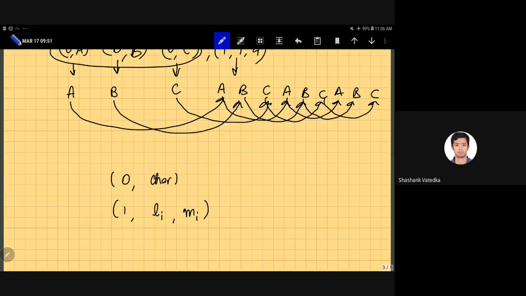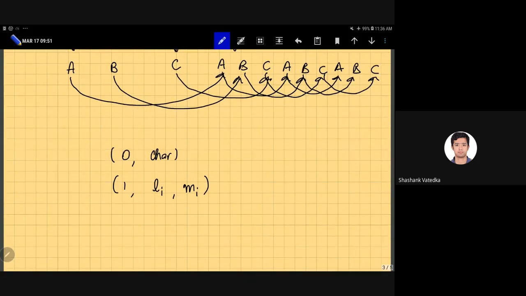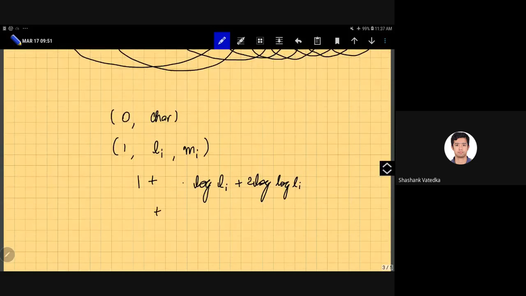Right, and it turns out that you can obtain a variable length encoding of these, which instead of requiring 1 plus 2 log n bits, you can store with just 1 plus log L_i plus 2 log log L_i plus log M_i plus 2 log log M_i bits.